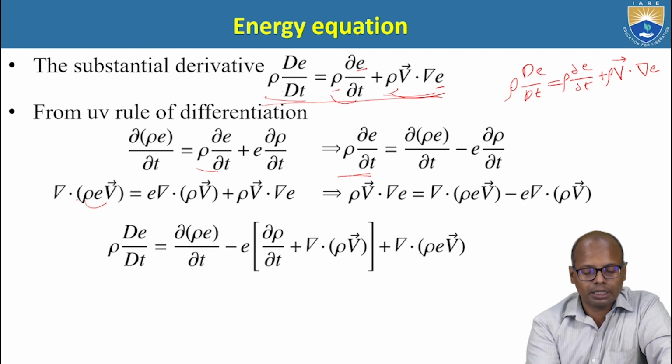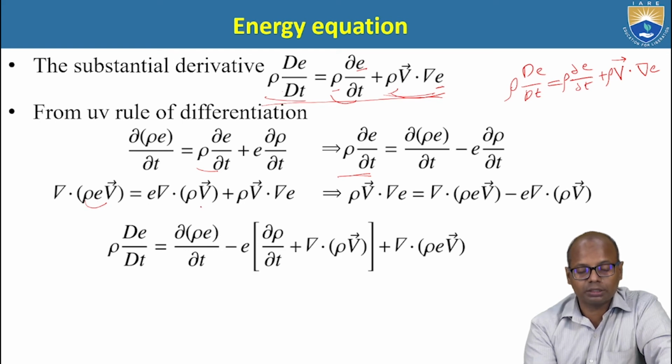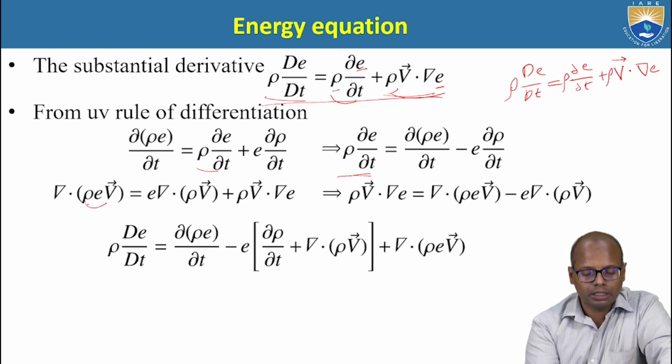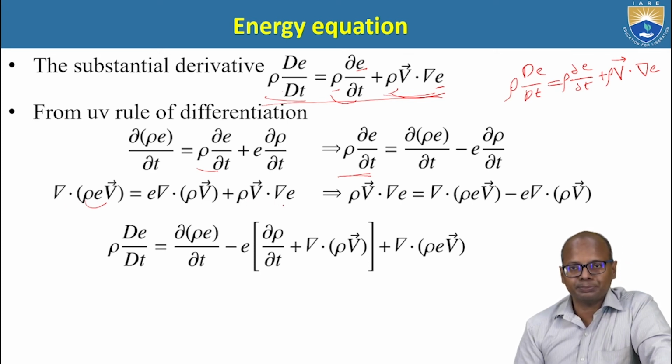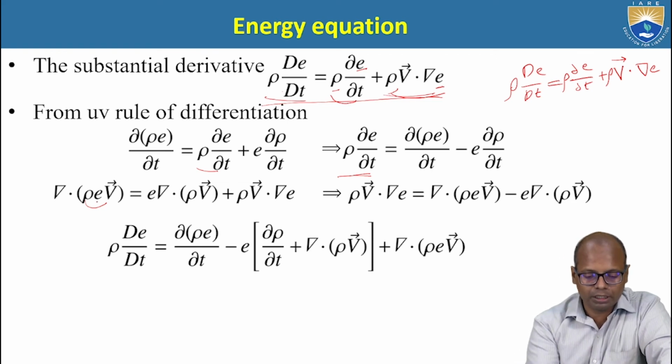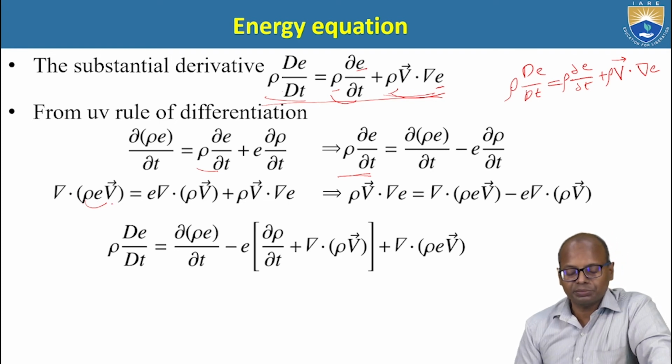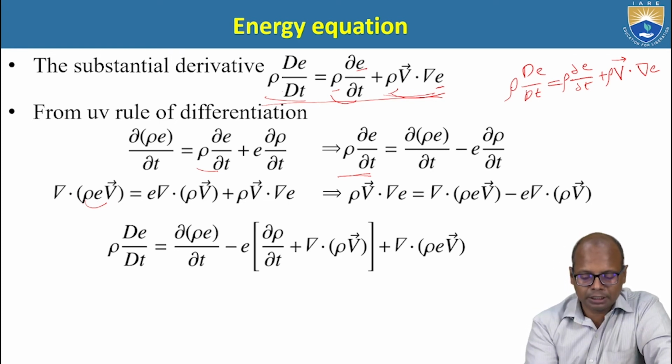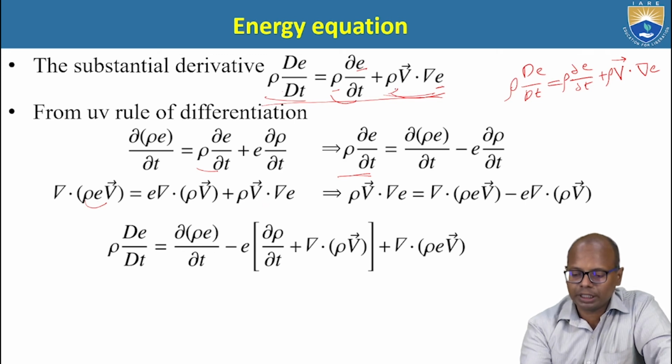So if I take a UV rule here, what I will get? E into del dot rho V bar. So that is the first term. Second one is del E dot rho V bar. So that is the second term. First I have to apply del for E, or I have to apply del for rho V bar. Like that we have to do. If I apply like this, I got this equation. What we need is rho V bar into del dot E.